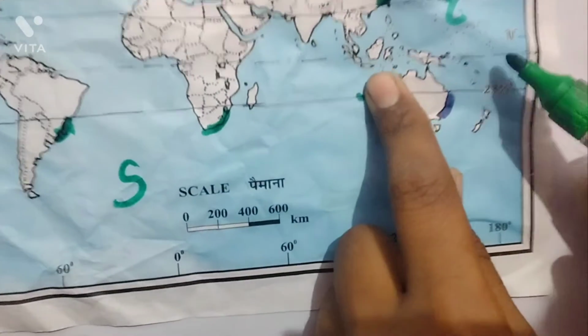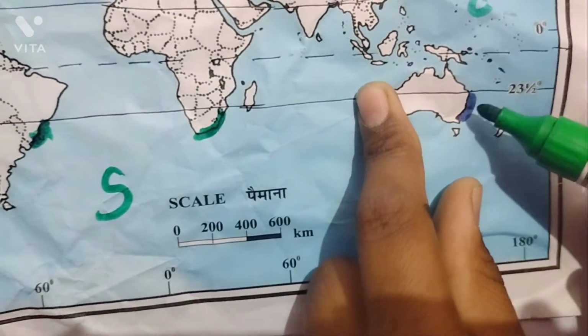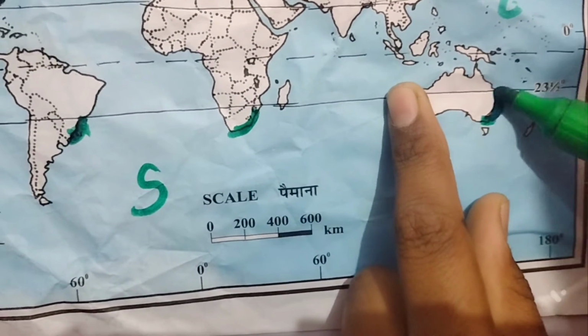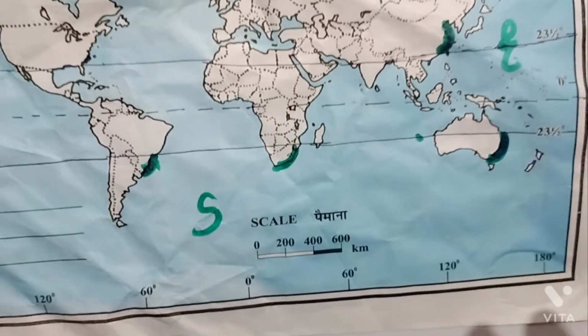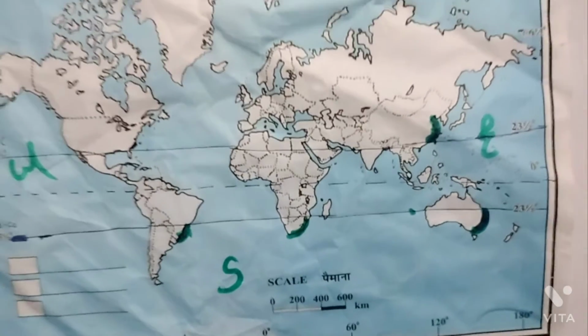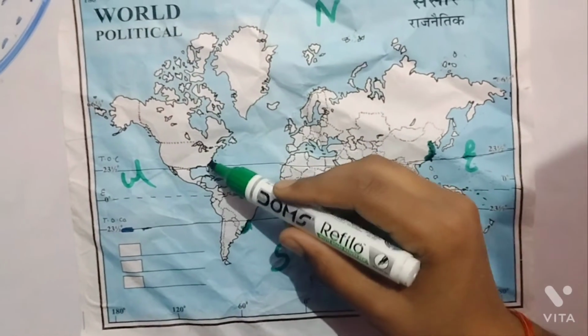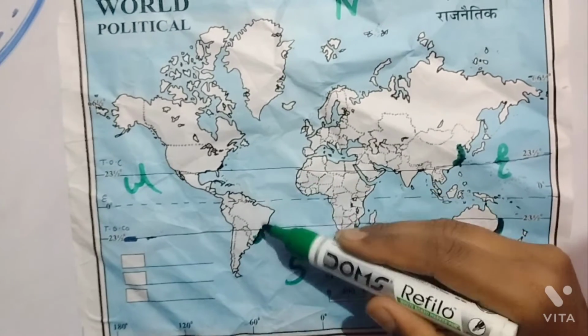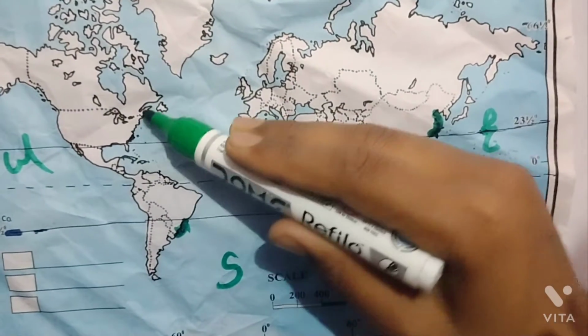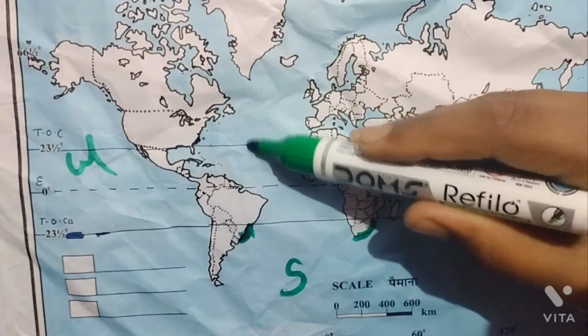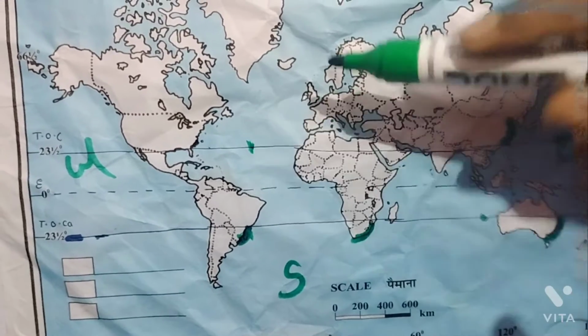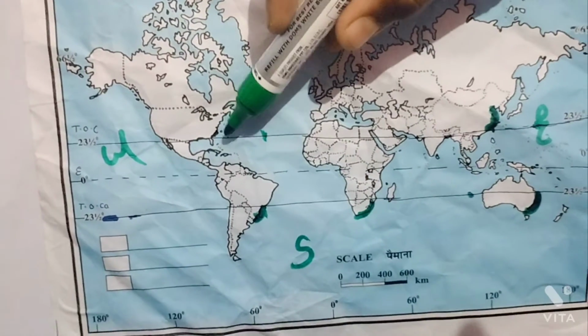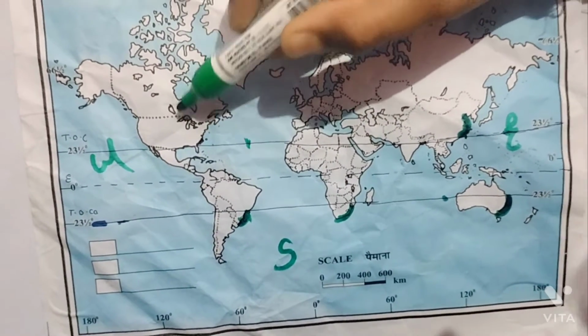So the east part of Australia is also temperate evergreen forest. And southeastern USA: as you can see, these two lines, and the southeastern USA is above these lines. So above these lines, this area has temperate evergreen forest.